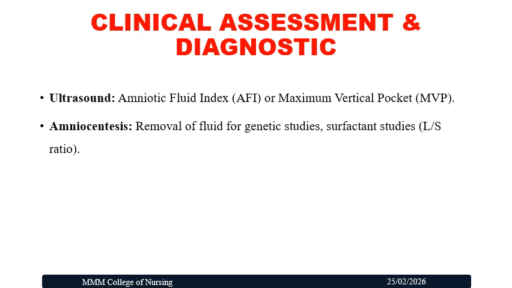Each quadrant consists of 5 centimeters, so totally it comes to around 20 centimeters. The normal range should fall between 8 to 18 centimeters. When it goes less than 8 centimeters, we call it oligohydramnios, and when it goes above 18 centimeters, it is termed polyhydramnios.